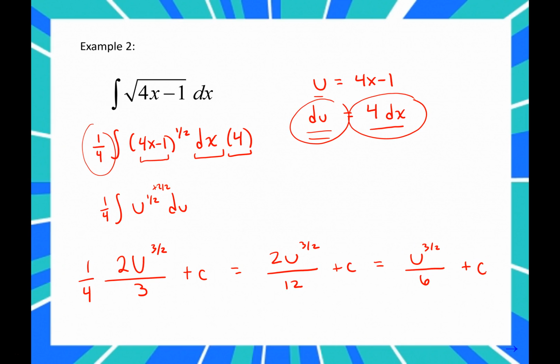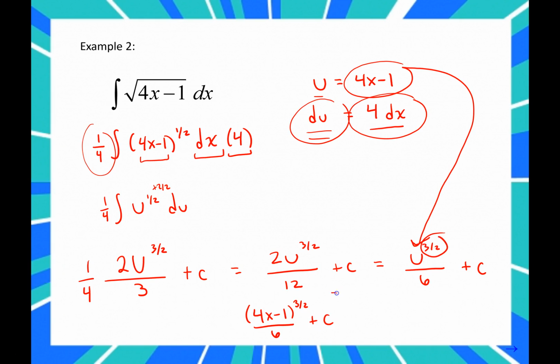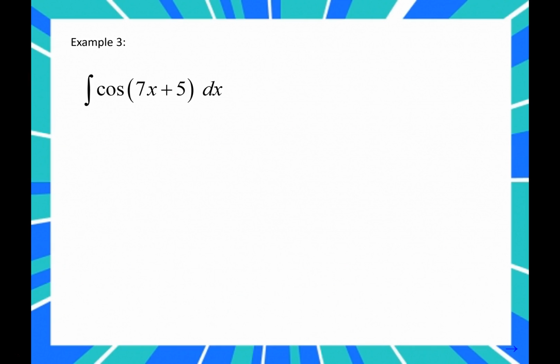And we're almost done. All we have to do is take our 4x minus 1, plug it in here. This is going to be 4x minus 1 over 6, and don't forget to raise this to the power of 3/2 plus c. There we go. Let's do another one.